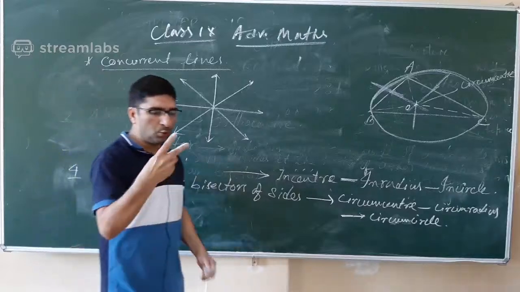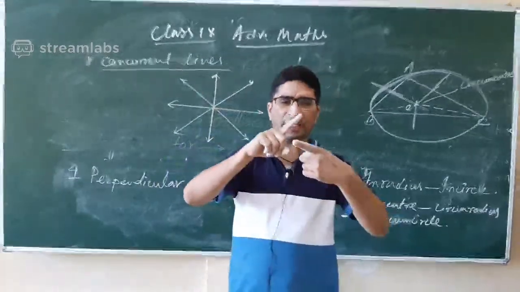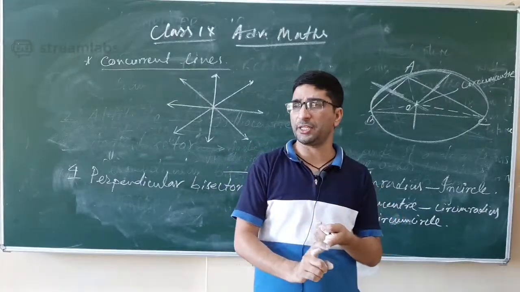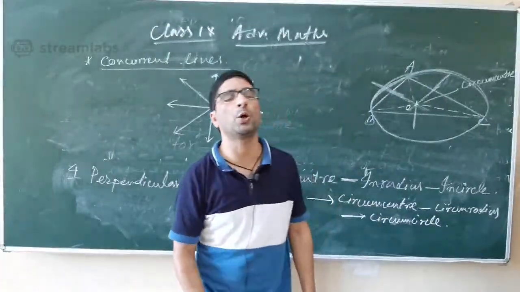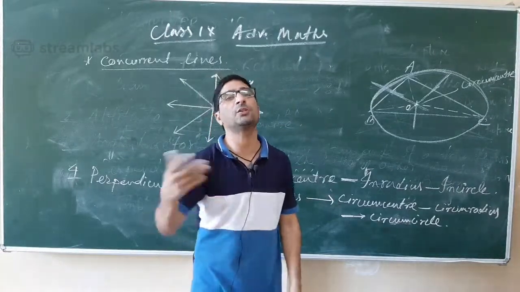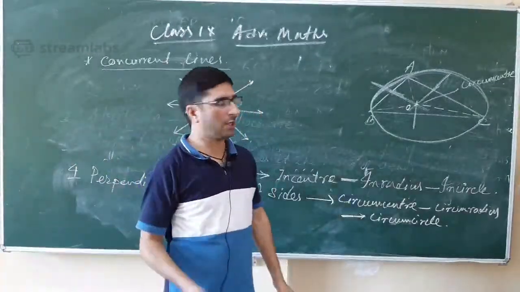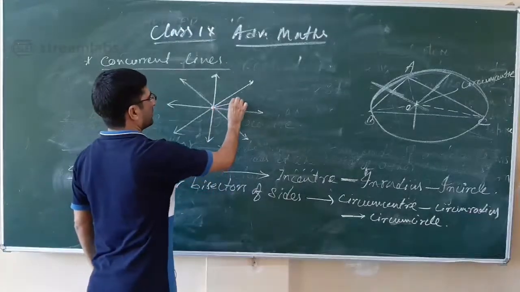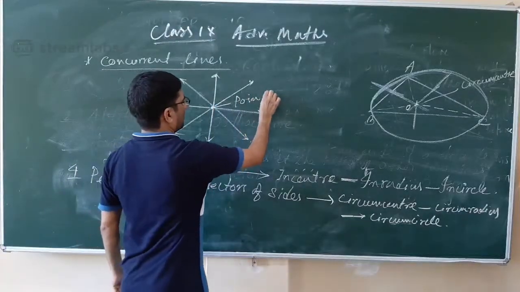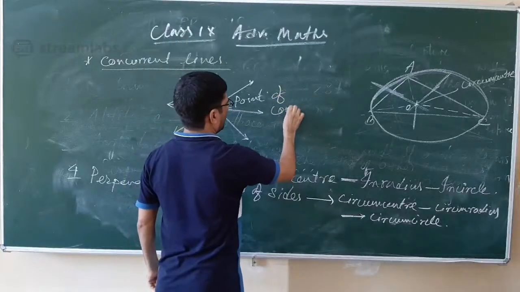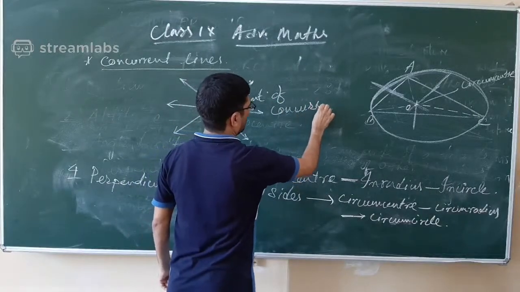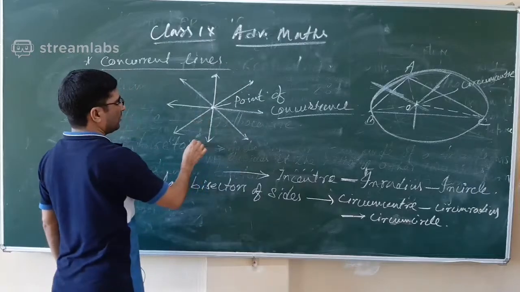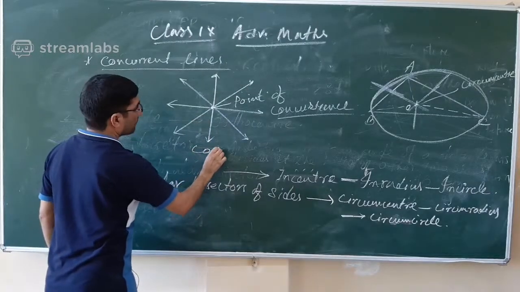That means when two lines meet at a point, we know that these two are intersecting lines, and the point at which they intersect is called point of intersection. Similarly, if 3 or more lines meet, this point is point of concurrence, and these lines are called concurrent lines.